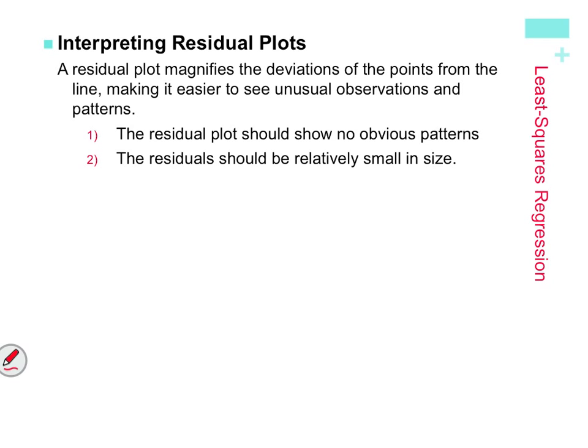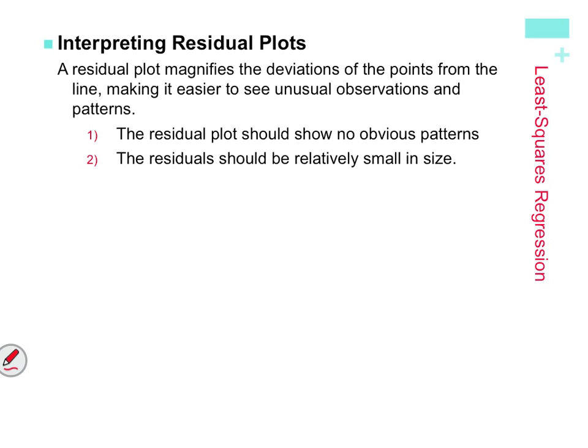A residual plot magnifies the deviations of the points from the line. It makes it easier for you to see unusual observations and patterns. You wouldn't normally see a pattern that's happening in your leftovers on your scatter plot, but you would see that pattern on a residual plot, because you're plotting the difference between your observations and your predictions against your explanatory variable.